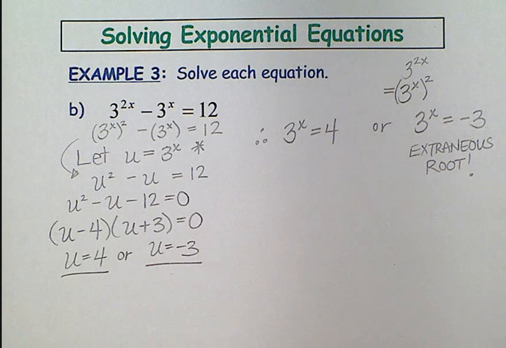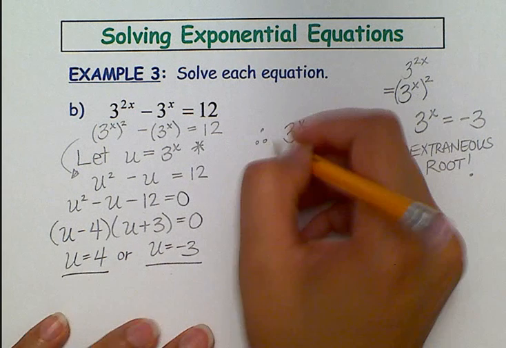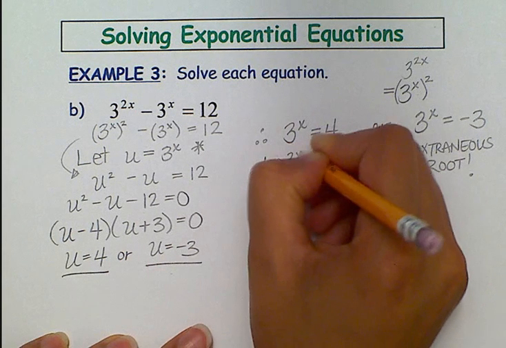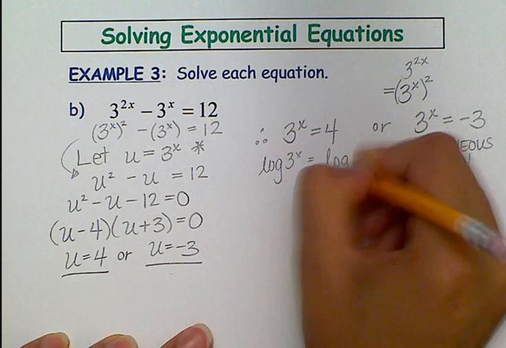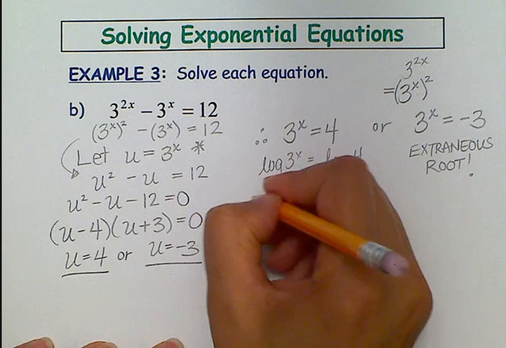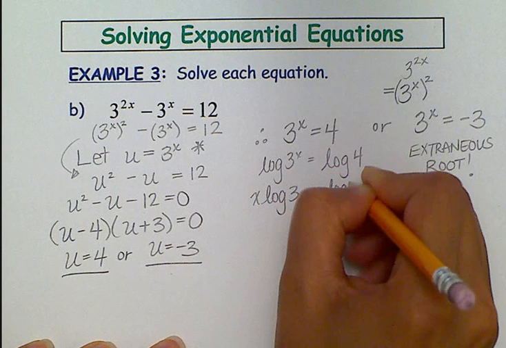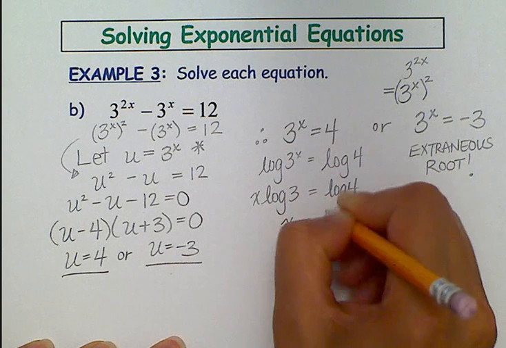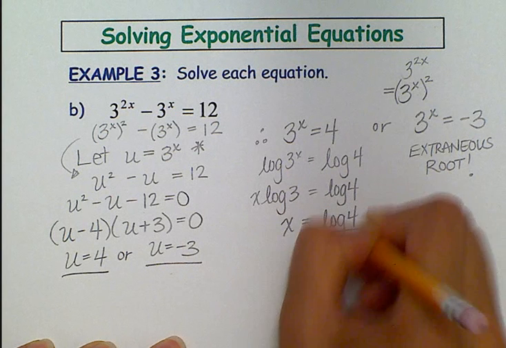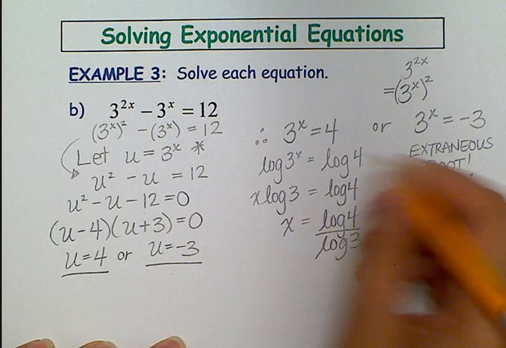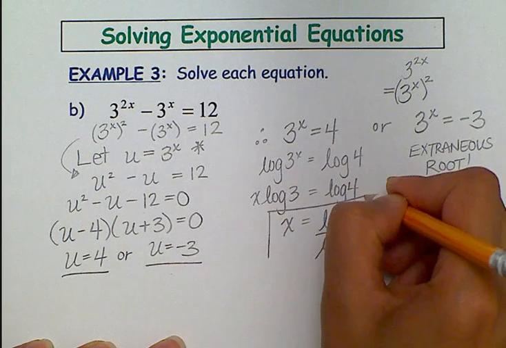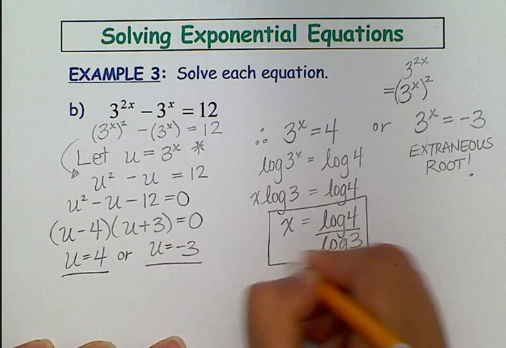Whereas this one I'm going to use logarithms to help me solve. And so I get x times the log of 3 equals the log of 4. And so x is equal to the log of 4 divided by the log of 3. And there's the exact solution that I needed to solve the equation.